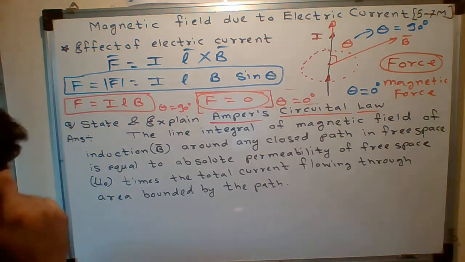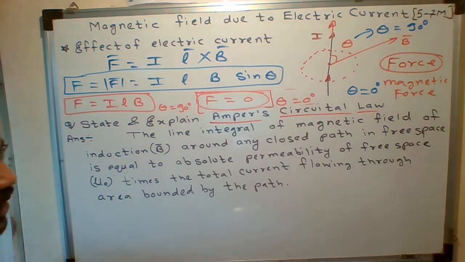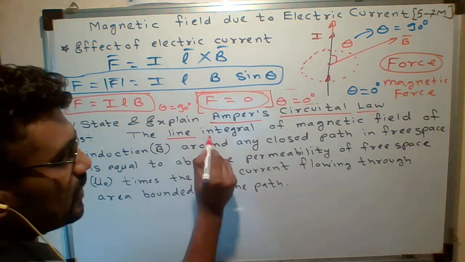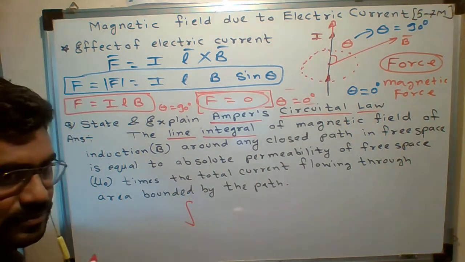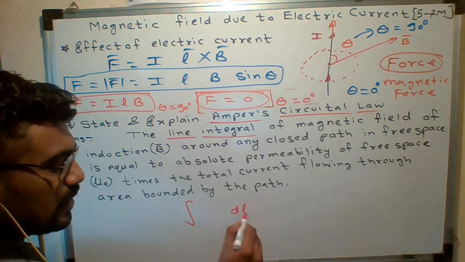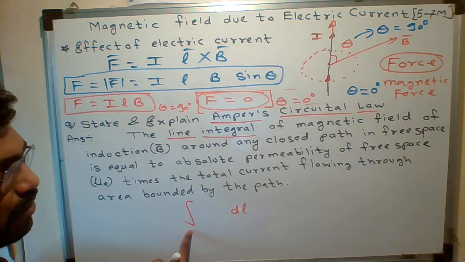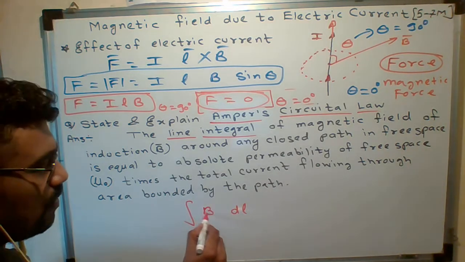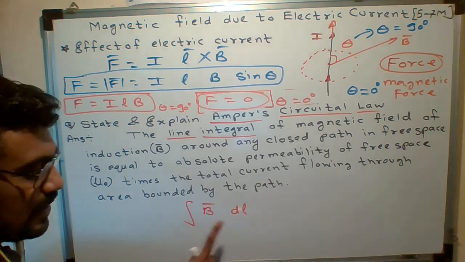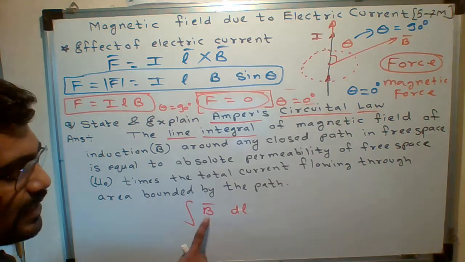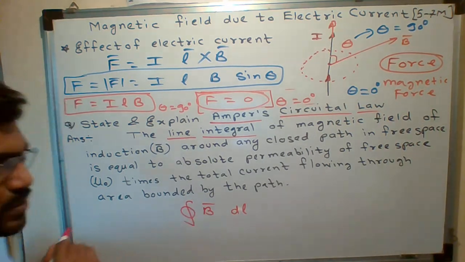Students, all of you concentrate. First let me write the mathematical expression. Consider the line integral, listen students, the line integral. Let me write down the integration, and line integral means length. The line integral of magnetic field of induction B bar over any closed path.